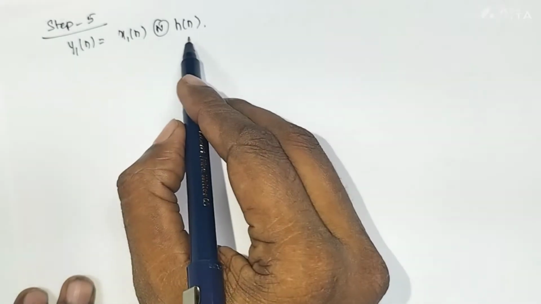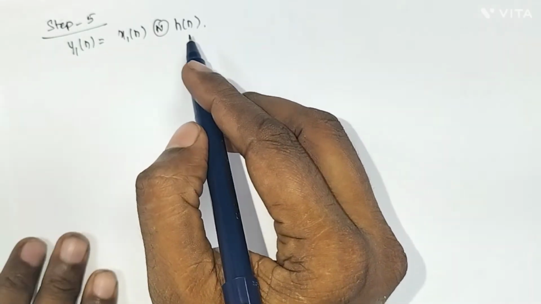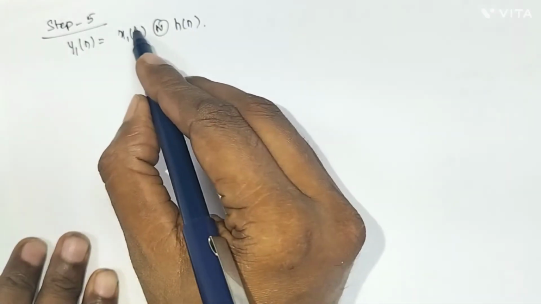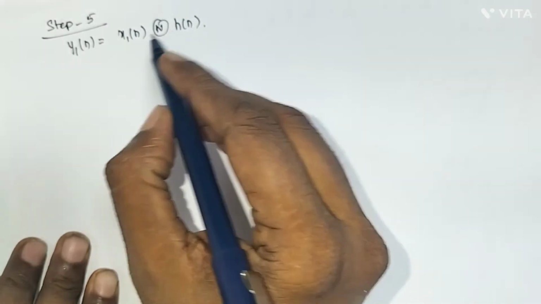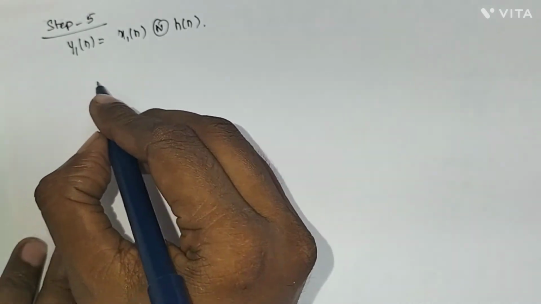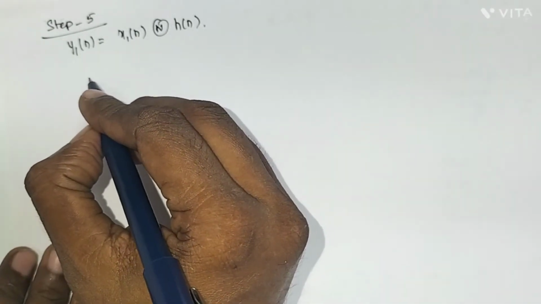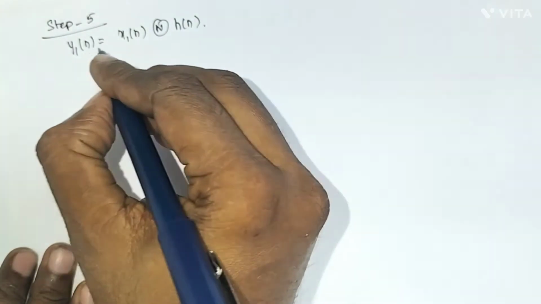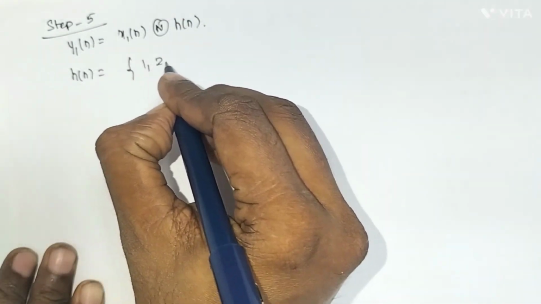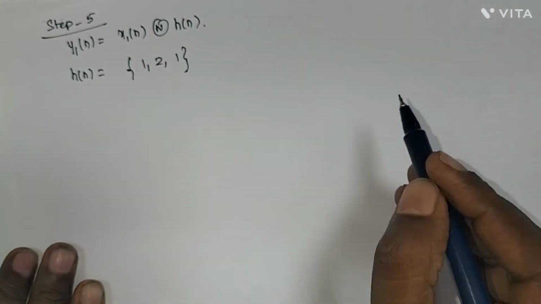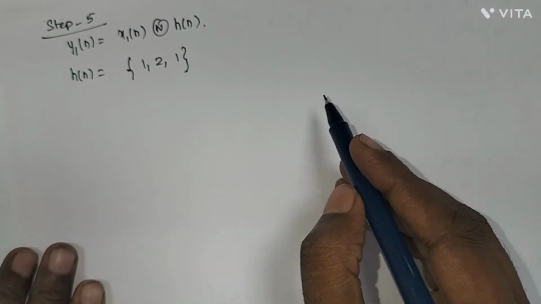Here we frame the matrix for h of n, that is the circular convolution form of h of n. You know that h of n is equal to 1 comma 2 comma 1, so it is of length 3 and x1 of n is of length 5.